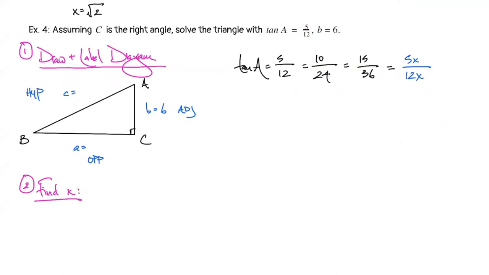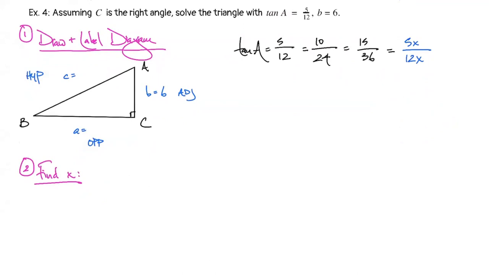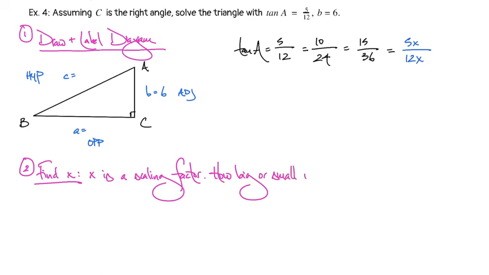All right. So if we can find x, that'll help us find all the other side lengths. And we might even say this: x is a scaling factor. That is how big or small the triangle is.